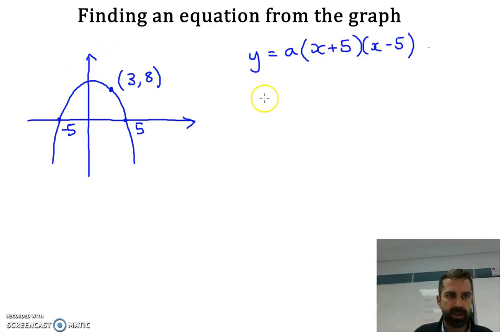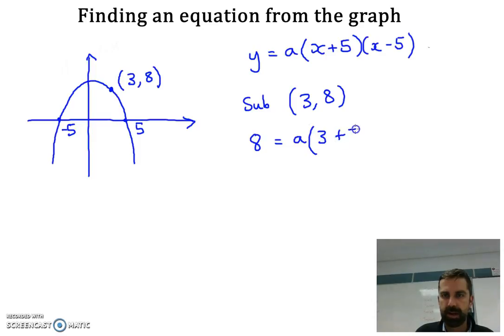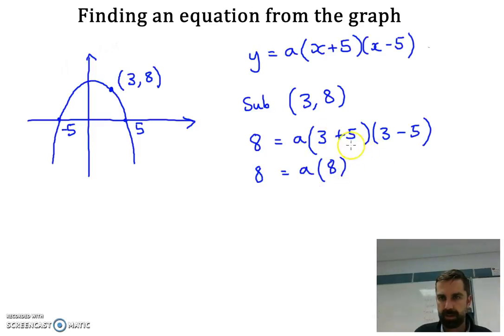And I'm just going to start by doing exactly the same thing. So I'm going to substitute the point that I know is on the line. So this time y equals 8. I'll leave my a. X is 3. So if I evaluate these brackets, I've got 3 plus 5 is 8, 3 take 5 is -2.